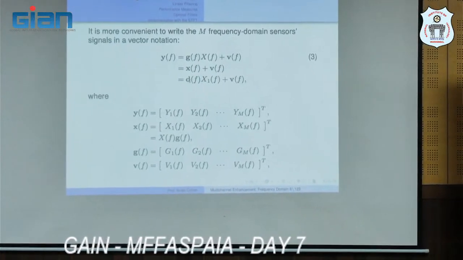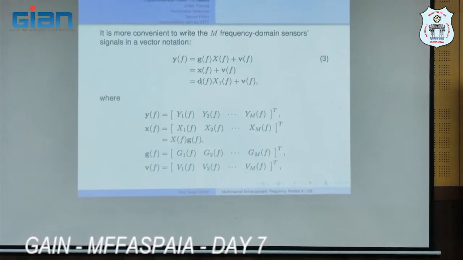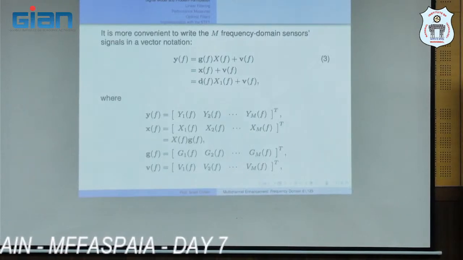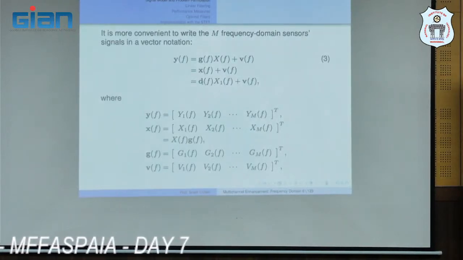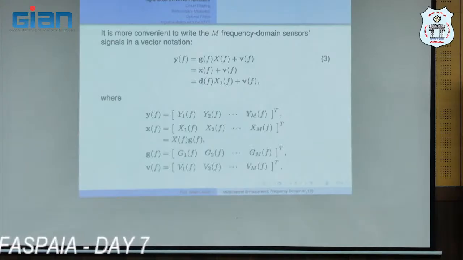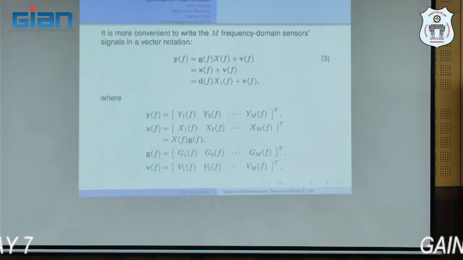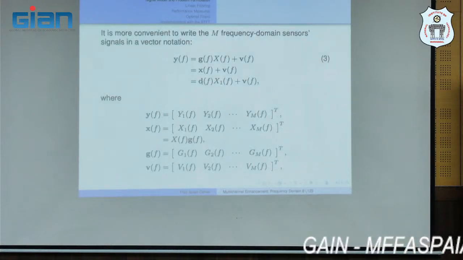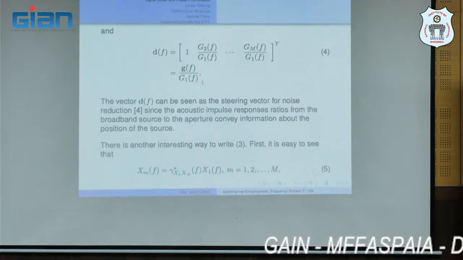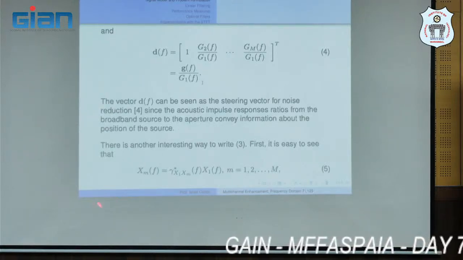This is the model. And we saw that this vector, which we assume that we know, contains a lot of information. We know the direction of the signal, but not only the direction. We know, including all the reflections from the desired source to each of the sensors, which is a lot of information. So we know this relative transfer function.